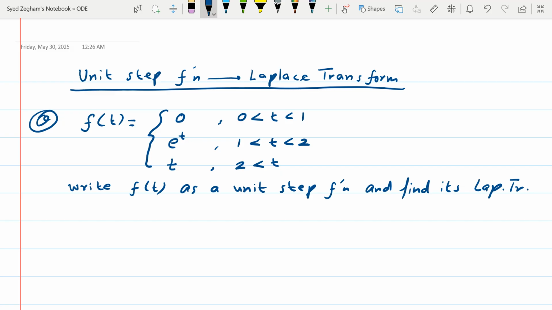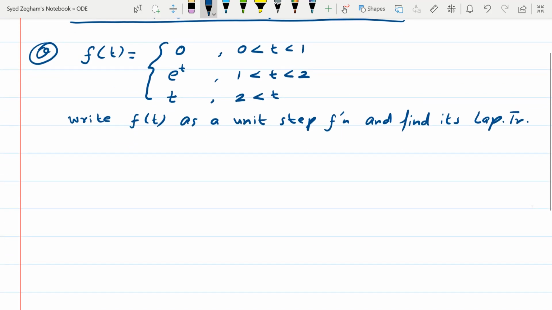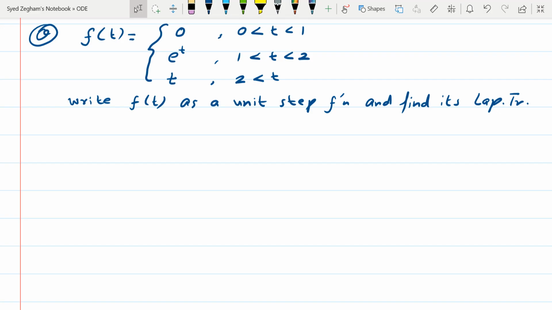Okay, so this is our question which we are going to attack now. Now, first thing is how to write this function f(t) as a unit step function.